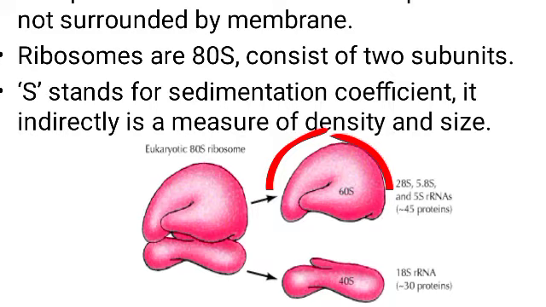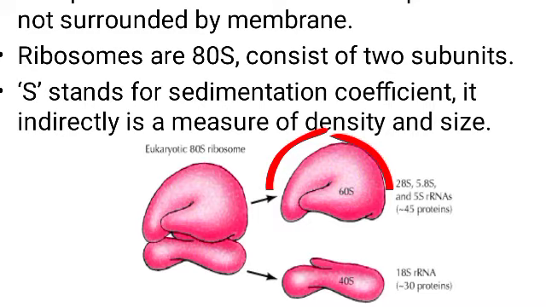Generally, the two subunits can exist freely, and they come together at the time of protein synthesis. In the 80S and 70S ribosomes, the subunits are 50S and 30S, or 60S and 40S.